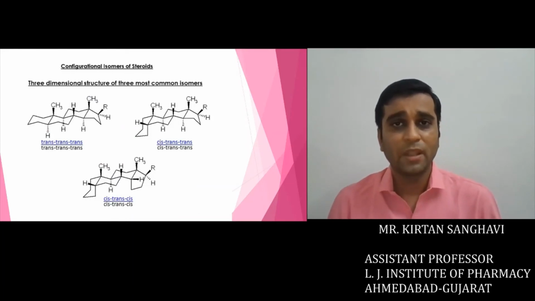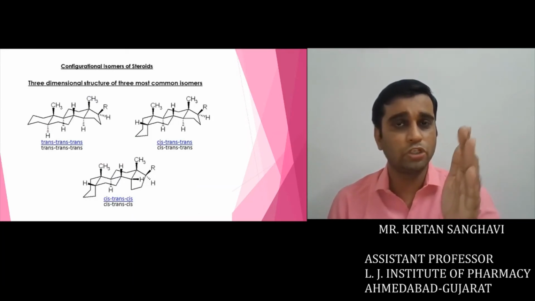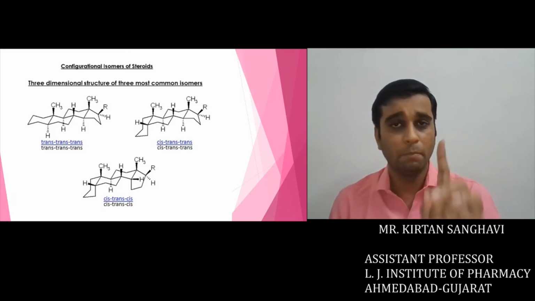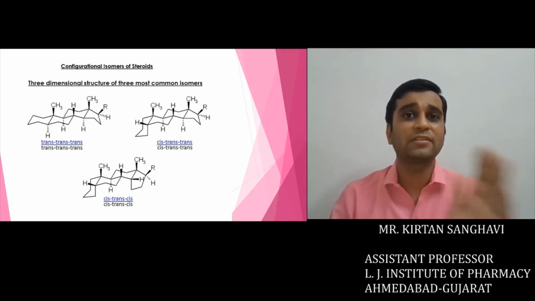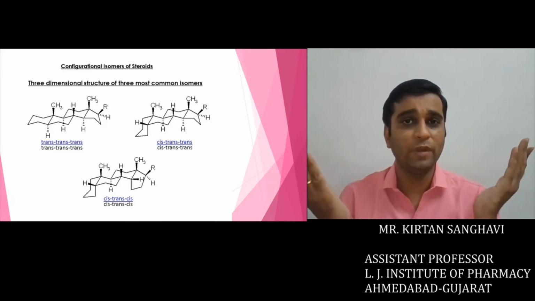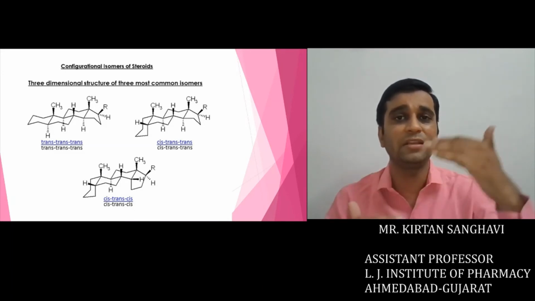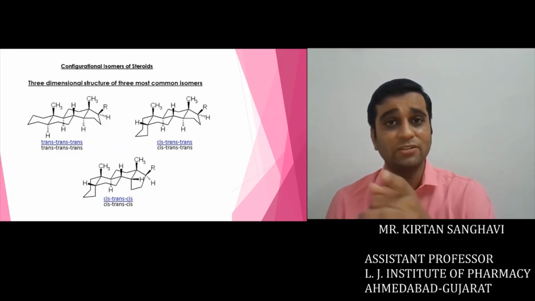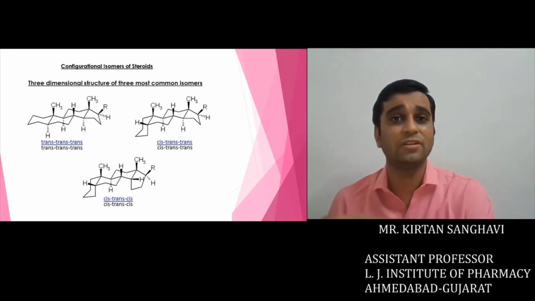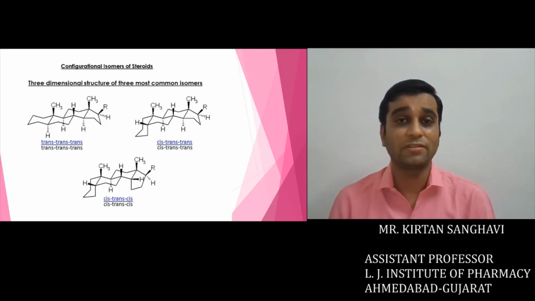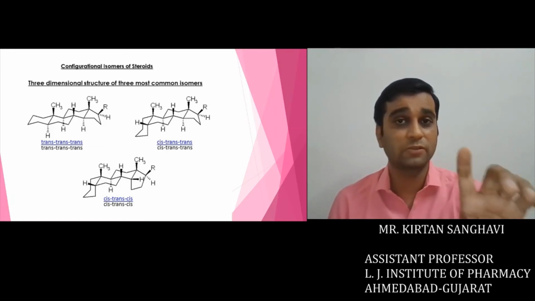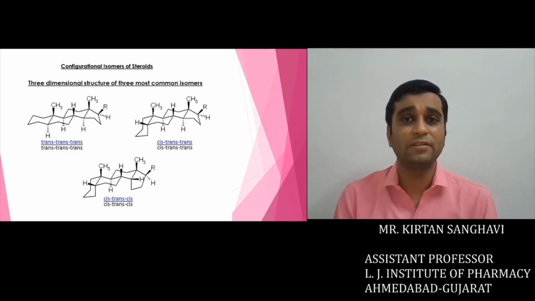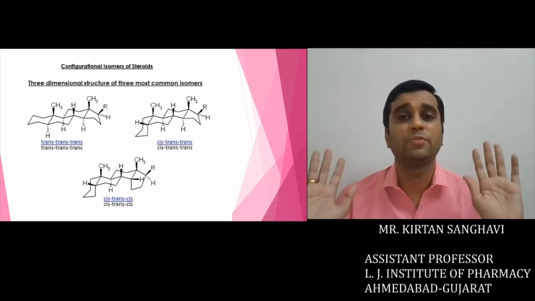When I talk about geometrical isomerism, always cis trans comes into the picture undoubtedly, but we do not always say that fusion between A and B is trans, B and C is trans, C and D is trans. No, it may be trans trans trans, it may be cis trans trans, or it may be cis trans cis. It is always possible. Fine. So it's not always that all the ring systems must be trans.